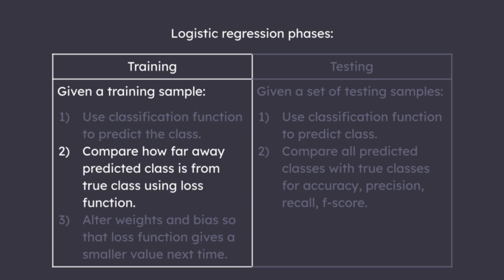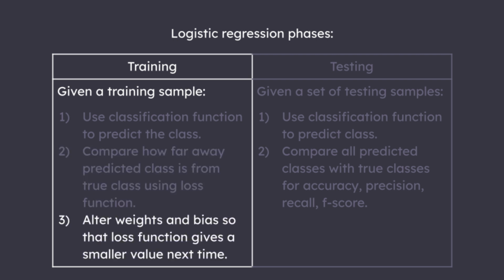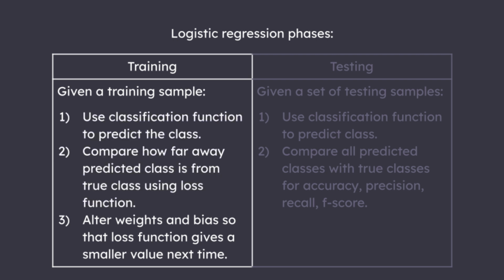We then compare how far away the predicted class is from the true class using a loss function. We then alter the weights and bias using gradient descent so that the next time around the loss function will give a smaller value. We would want to follow these steps for many training samples until we feel that the logistic regression model performs well.